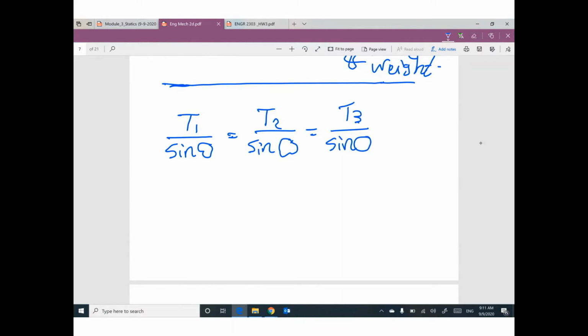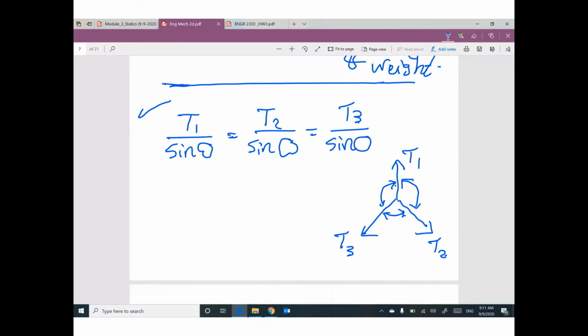If you have 3 forces like this, and you are looking for force T1, you divide by sine of this angle. If you are looking for T2, you divide by sine of this angle. If you are looking for T3, you divide by sine of this angle. Okay, that's good. But it's not a general case.